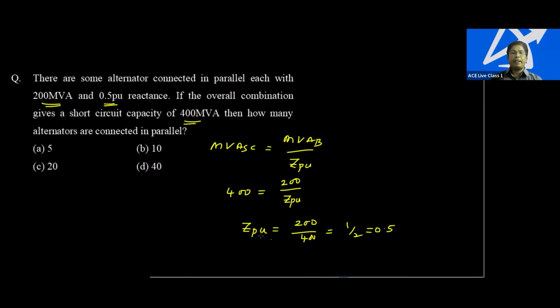So this is the equivalent Z per unit value, which is 0.5. It is the same as that of 1. Actually, it should be 1 only. Right? So if it is 4,000, it is 1 by 4,000.